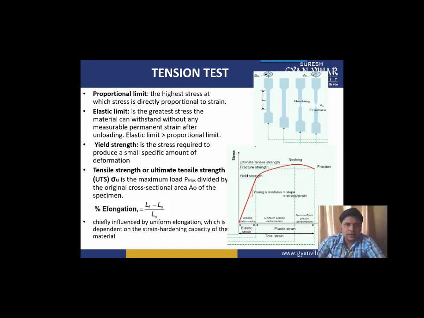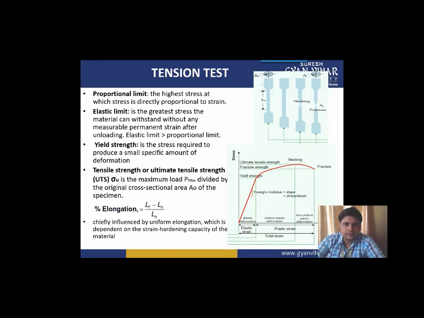Now there is a test known as the tensile test, performed on a universal testing machine, the UTM, in order to get the strength of the material, either its tensile strength or its compressive strength. First of all, what happens in this test?